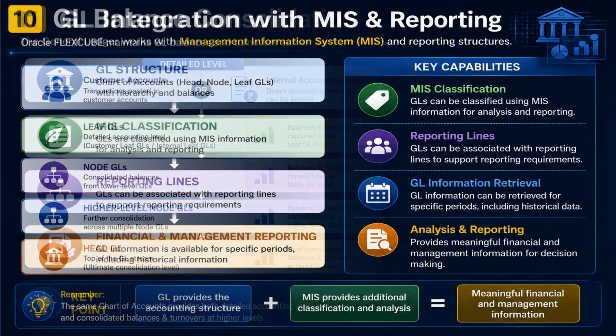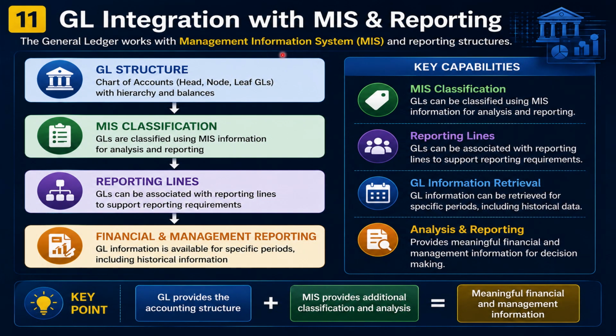The general ledger structure also works with MIS and reporting capabilities in Oracle FLEXCUBE. The GL subsystem can interface with a management information system, or MIS, allowing accounting information to be further classified for analysis and reporting. GLs can also be associated with reporting lines to support the bank's reporting requirements. In addition, GL information can be retrieved for specific periods, including historical information where available.